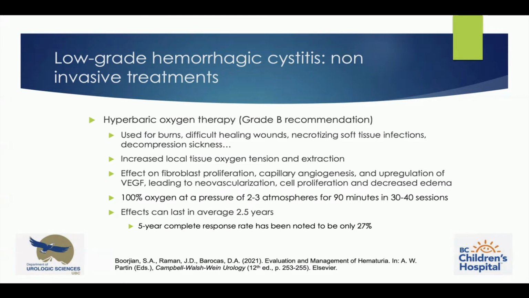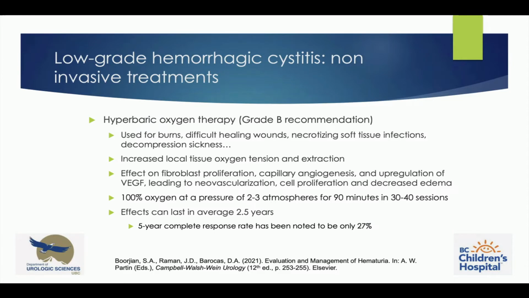So hyperbaric oxygen is used for burns, difficult healing wounds, necrotizing soft tissue infections, and decompression sickness. And what it does is that it increases local tissue oxygen tension and extraction, and that has an effect on fibroblast proliferation, capillary angiogenesis, and upregulation of vascular endothelial growth factor, which leads to neovascularization, cell proliferation, and decreased edema.